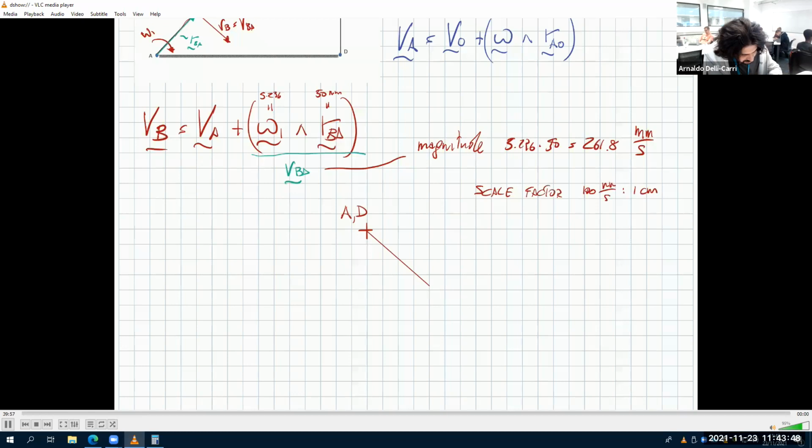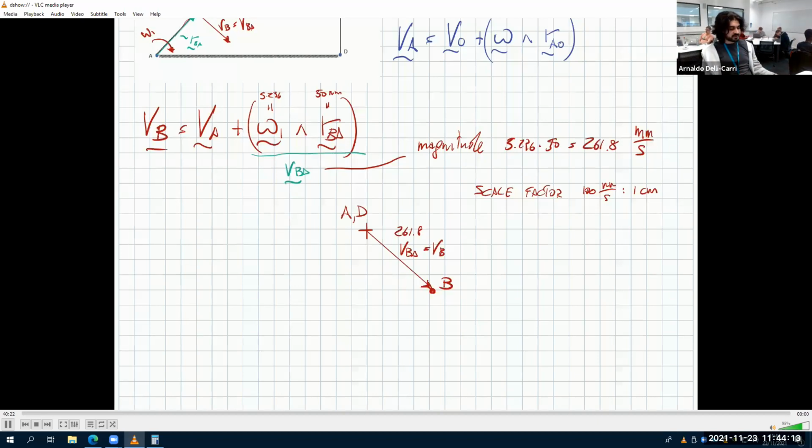And let's say this is 2.6 centimeters. So this is VBA, which is equal to VB. So this is point B. And this is 261.8 millimeters per second.